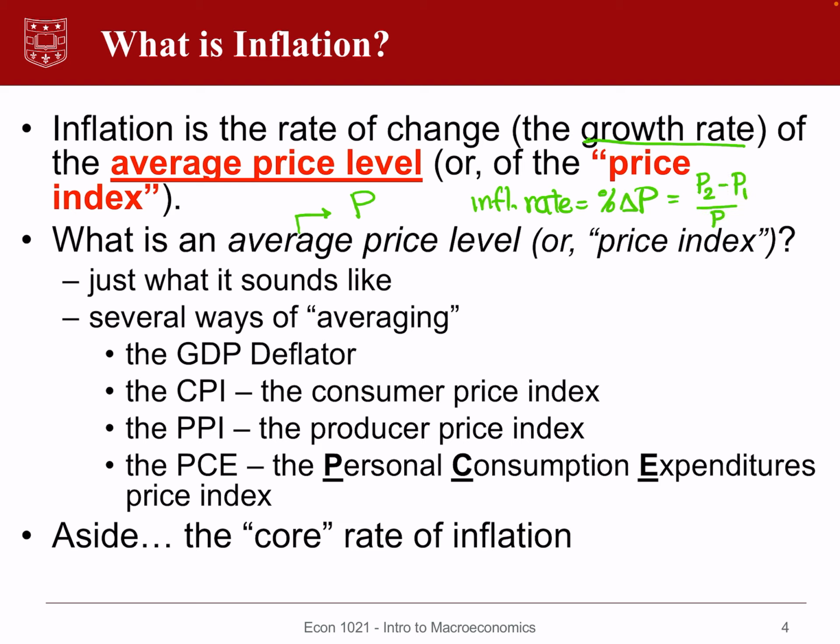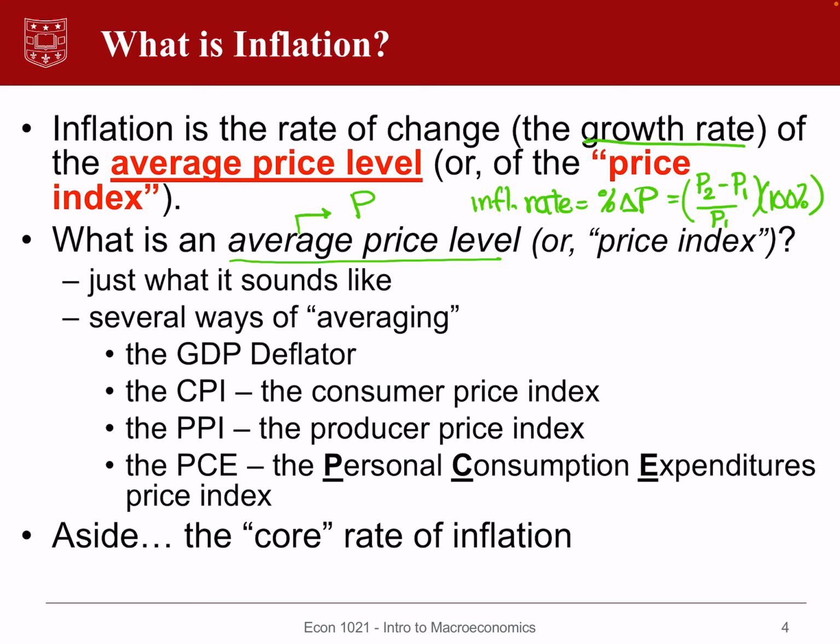So the question at hand, the thing that will take up almost all of this time, is thinking about what is the average price level. It is just what it sounds like. It's a means of capturing on average what's happening to prices in the macroeconomy. And there are several different ways in which we could think about constructing this average. So we're going to begin by thinking about the gross domestic product deflator.